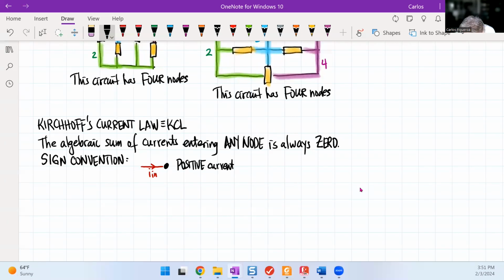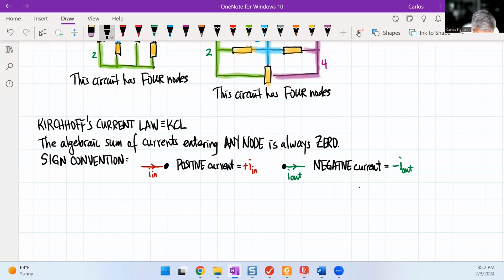And therefore, we write this positive current with a plus I into the node. On the other hand, I could have a node that has current leaving the node. In other words, this current is coming out of the node. The sign convention says that this is a negative current, which means it assigns a negative sign for I out.